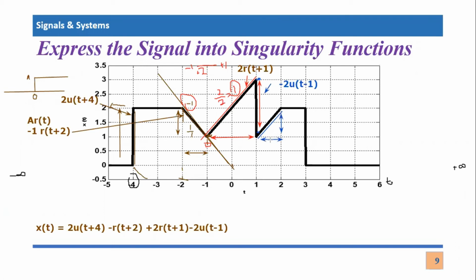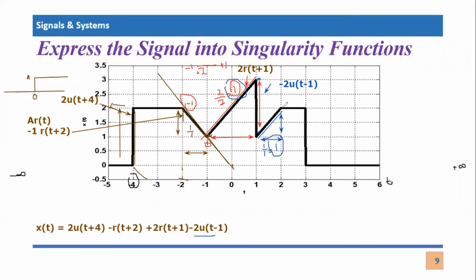So slope is vertical units 1 over horizontal units 1, which means +1, right? Because it is increasing. So the last slope was +1, remember? And this slope is +1. So there is no change in slope. That is why this behavior will automatically generate, because there is only a decrease in amplitude, which is basically due to this u of t.